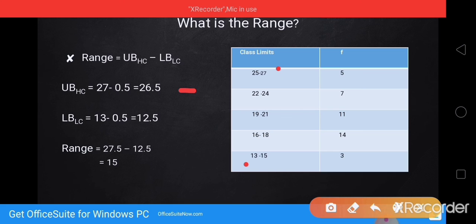For the lower boundary, you subtract 0.5 from 13 to have 12.5. Therefore, same process as the ungrouped data, you subtract the lower boundary from the upper boundary, and the total range is 15.